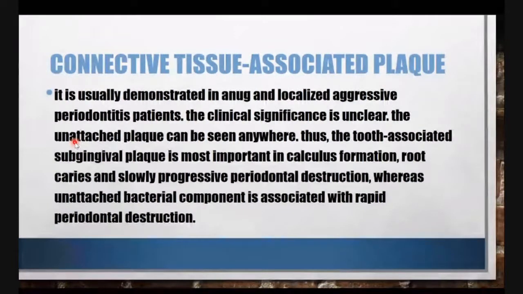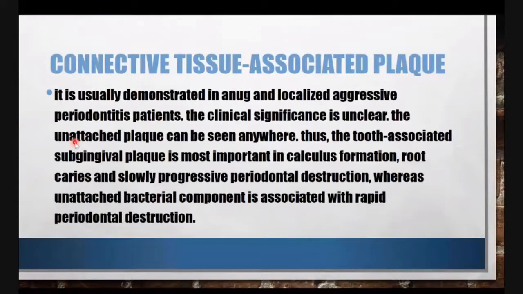Connective tissue-associated plaque is usually demonstrated in areas of aggressive periodontitis, that is, in acute necrotizing ulcerative gingivitis and localized aggressive periodontitis patients.